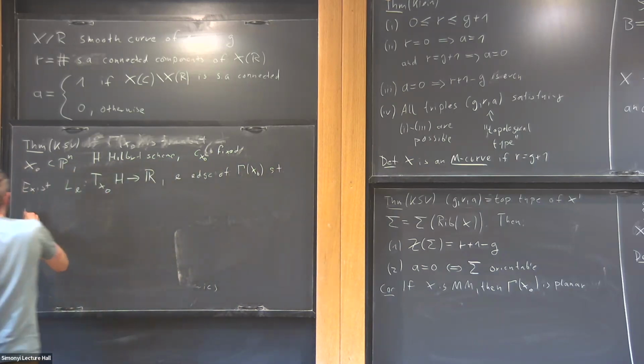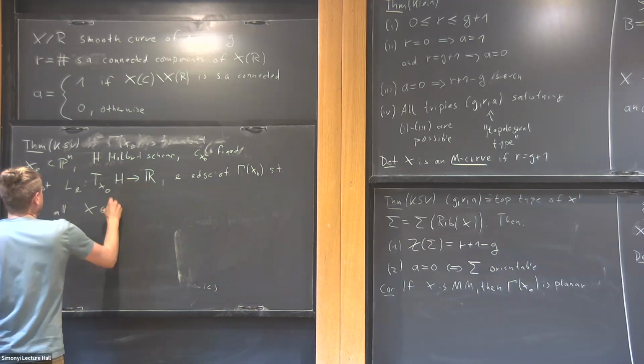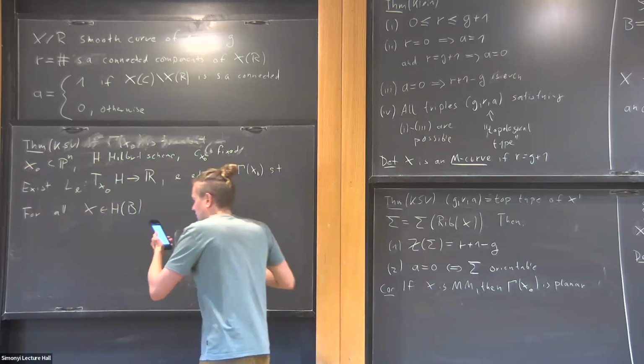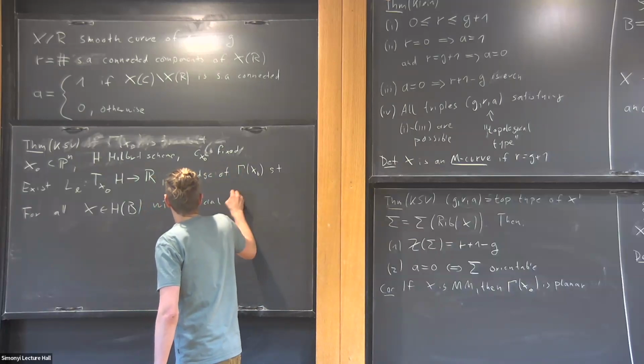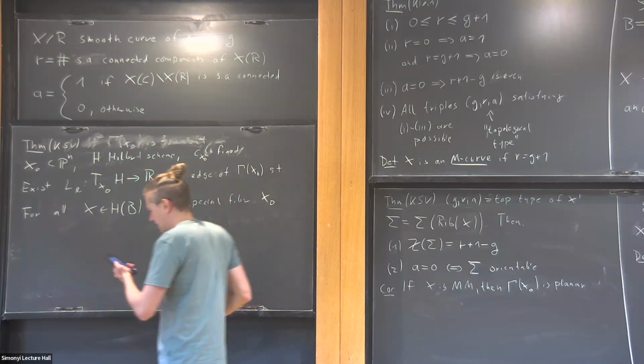Such that the following holds for all B points of the Hilbert scheme whose special fiber is X naught.